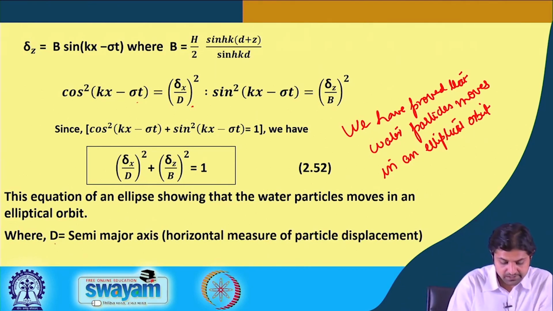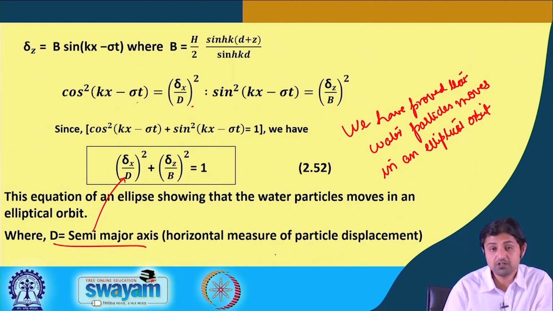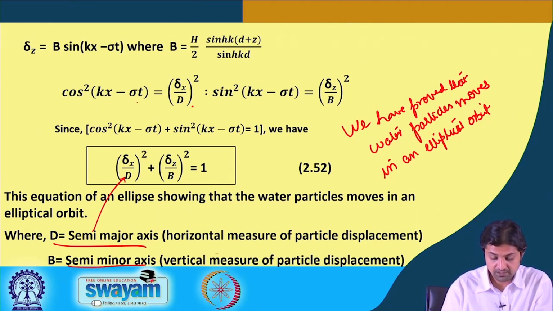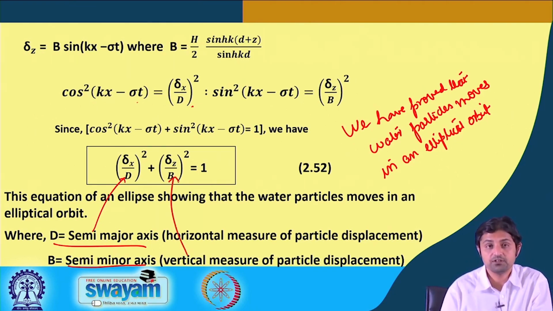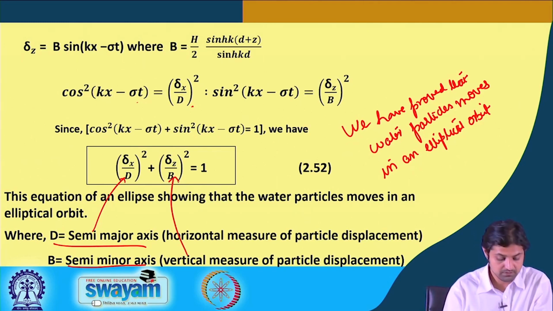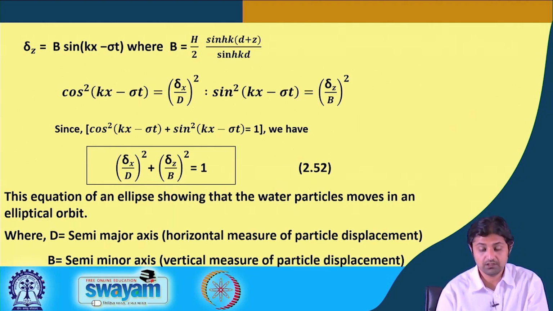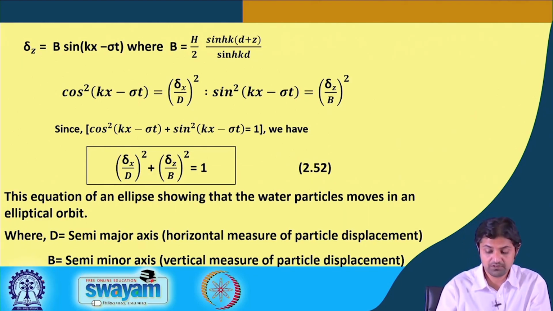Here D is the semi major axis, like the horizontal measure of the particle displacement, and B is the semi minor axis, that is the vertical measure of the particle displacement. Okay, so the particle displacement, this is an important equation.